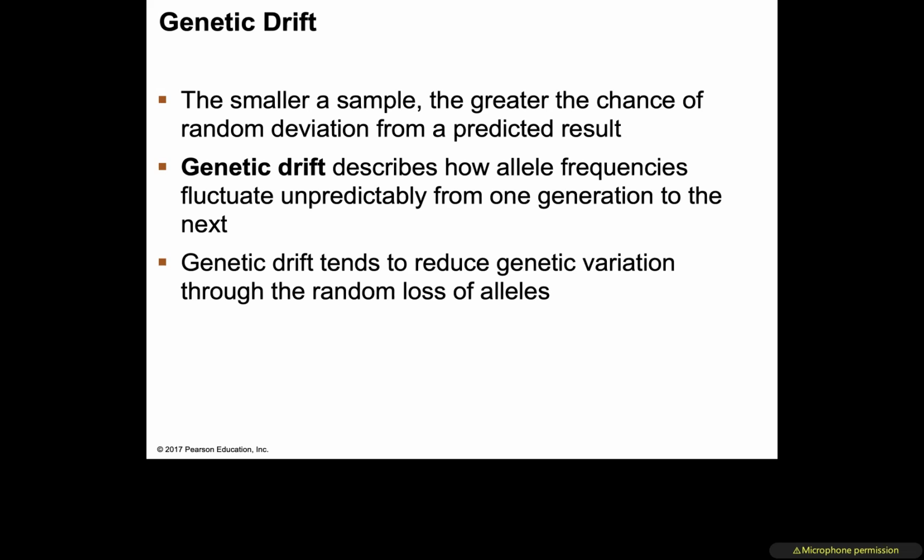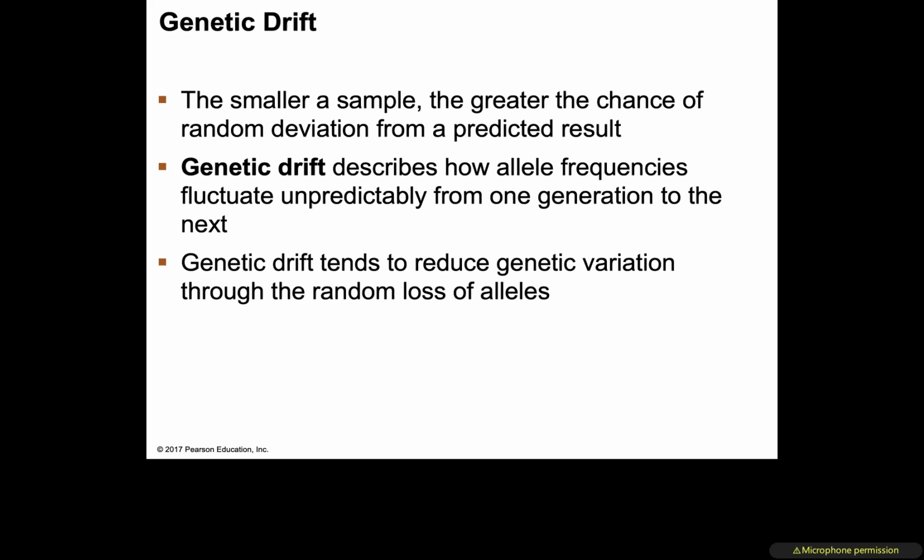75% brunette, 25% blonde. In the next generation, you might find you have 50% brunette and 50% blonde. When you go to the next generation, you might find you have 90% brunette, 10% blonde. Go to the next generation, you might be popping back into 50% brunette, 50% blonde. So genetic drift is describing how the allele frequencies are going to fluctuate unpredictably from generation to generation.